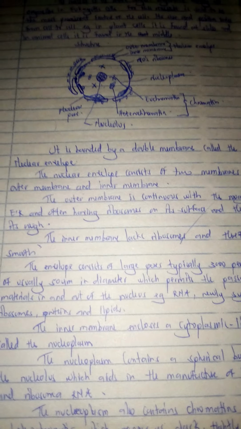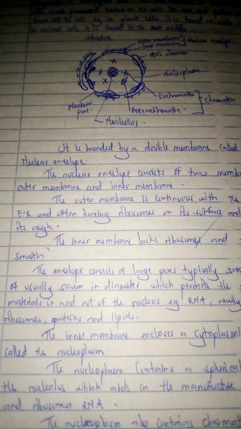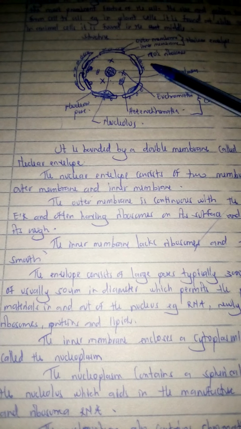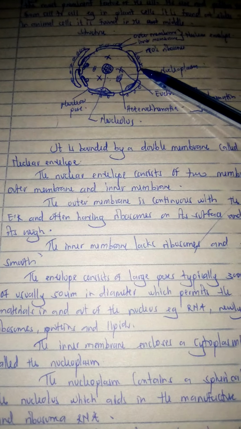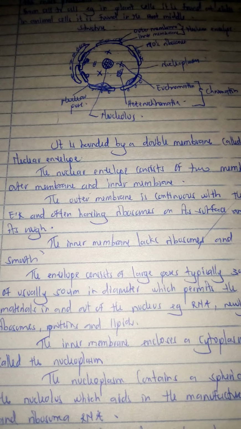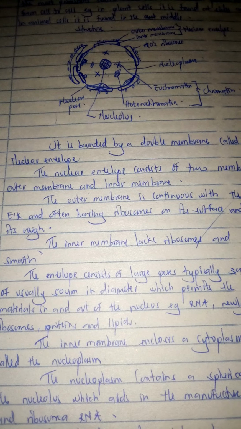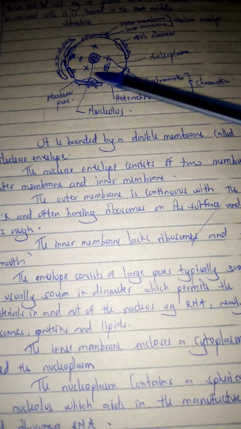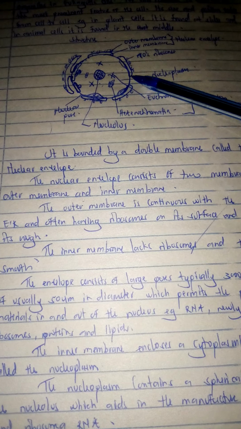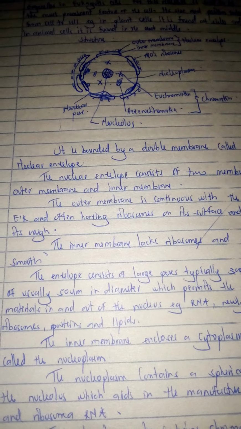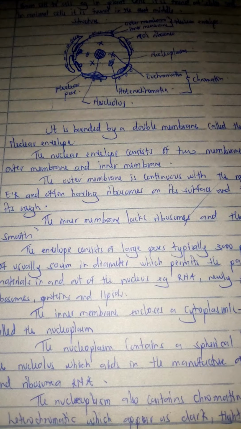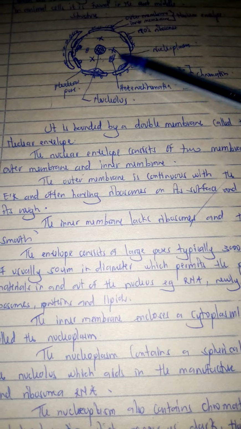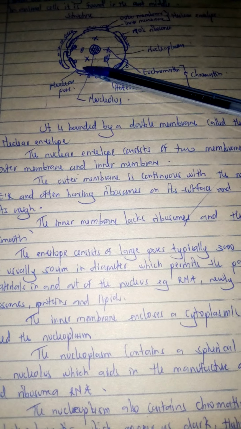It's always good when you are stating any structure in an organelle to attach its importance. We said it consists of the nuclear pore. As you can see, this is the nuclear pore, and we have stated its importance. Now we are going inside.